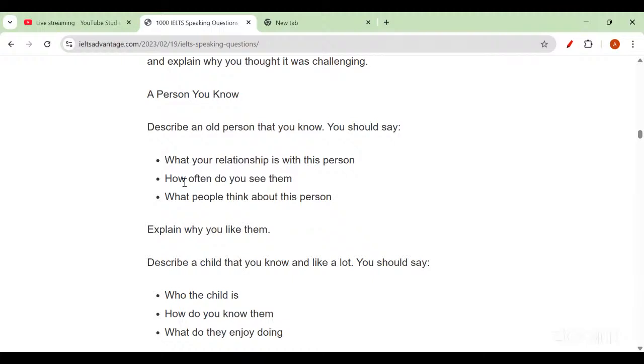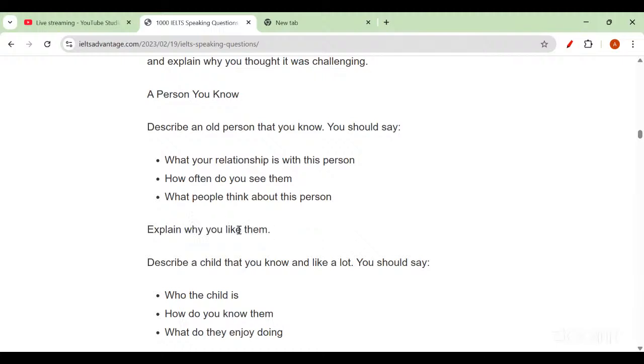For example, if you want to use these bullet points first, you can use them. If you create a story, and in your story this point comes first, you can use it in your first bullet point. Like, why you like them.